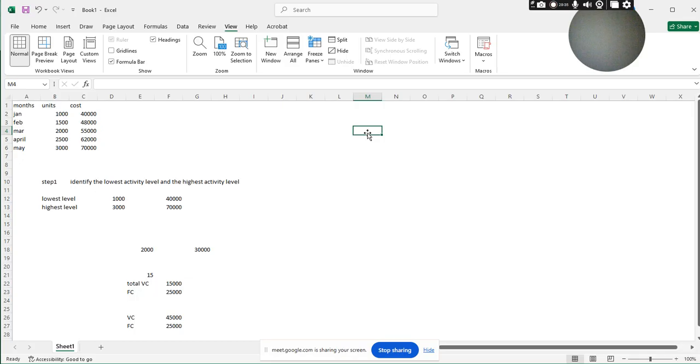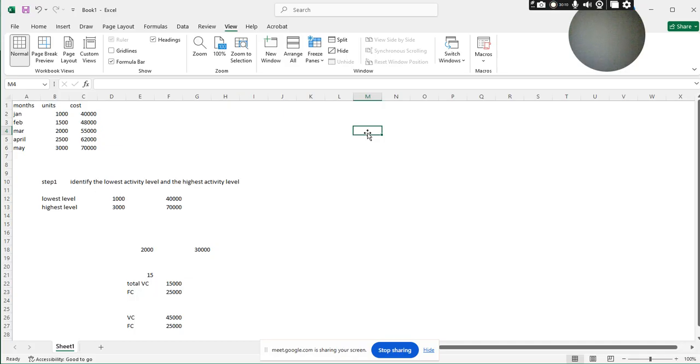So our total cost is A plus bx, where A is our fixed cost, B is our variable cost, while the X there is the activity level, right? You can note that down. I'm not putting it on the Excel sheet yet.